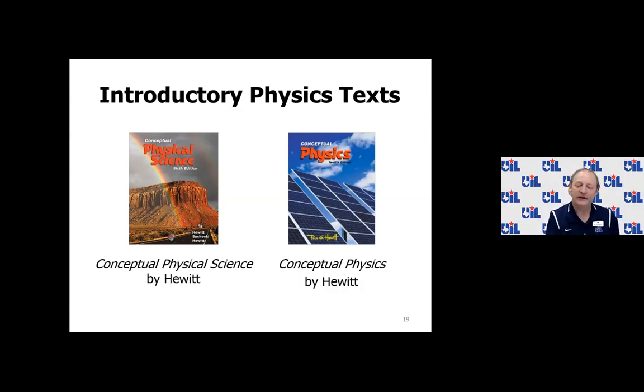You don't get into trigonometry as much, and you don't get into calculus at all. So it's a really good book for understanding the concepts of physics and not getting bogged down in equations. So anytime you have a student who's a freshman, 8th grade, even 7th grade, and you want to get them started on learning about the physics portion of the test, these are the books to go to.